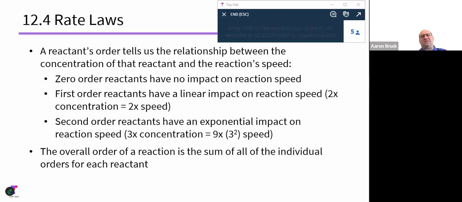So what do those orders tell us? Well, they give us a direct relationship kind of quantification. If we say that something is zero order, what that means is that that reactant's concentration actually has no impact whatsoever on the rate of reaction. Now, it still participates in the reaction itself, but we can't get the reaction to go faster by increasing its concentration. It doesn't have that kind of impact on the kinetics.